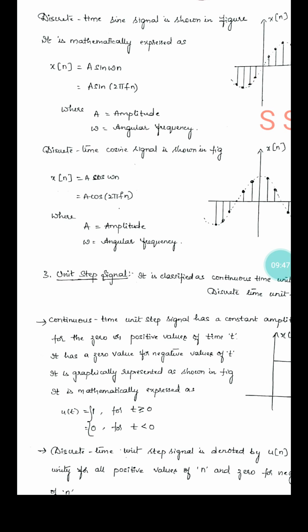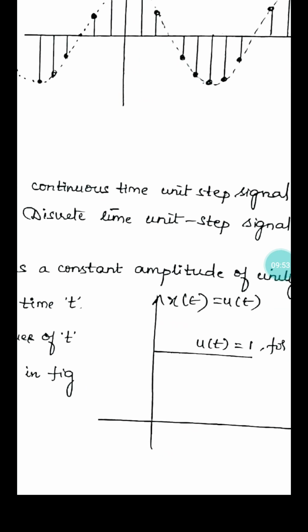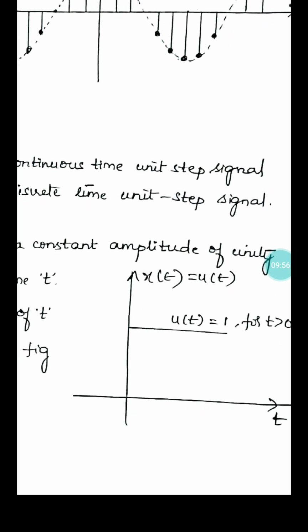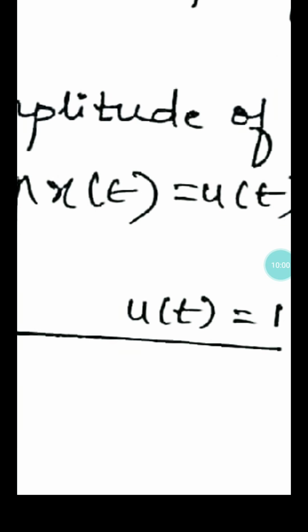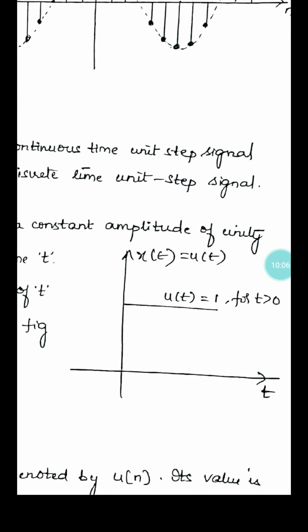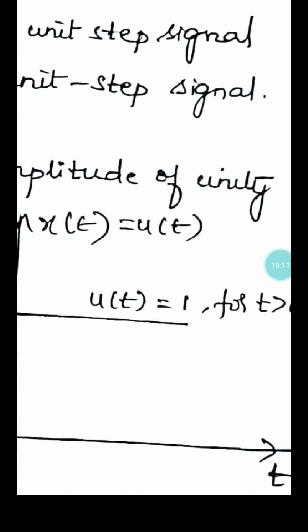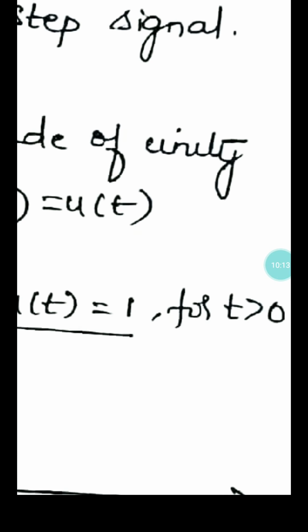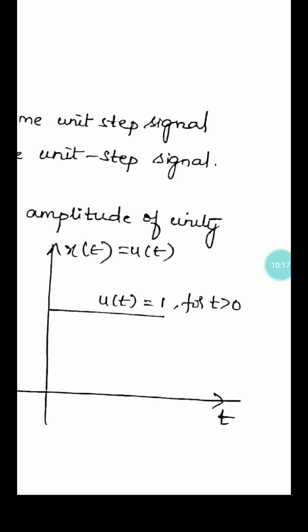Now we will enter into the unit step signal. By using the step signal we can solve many problems. The step signal is represented with u of t. u of t is nothing but the unit step signal. u of t equal to 1 for t greater than 0.